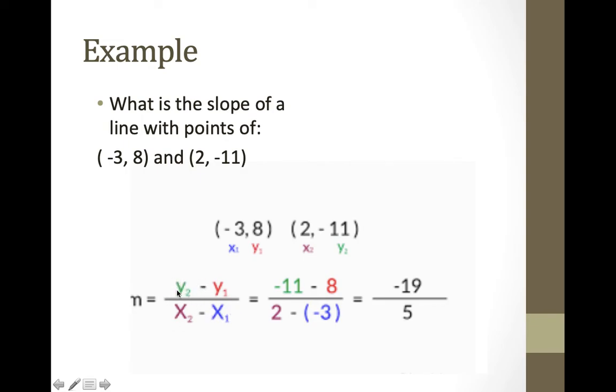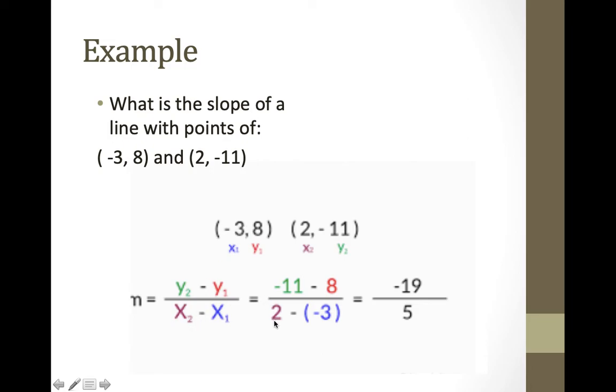So y2 is -11. So -11 goes there. y1 is the y coordinate for the first point, which is 8. So it's y2 minus y1. -11 minus 8 now means I've lost 11, I lose 8 more, I've lost 19. On the second one, x2, the second x is 2, the first x is -3.